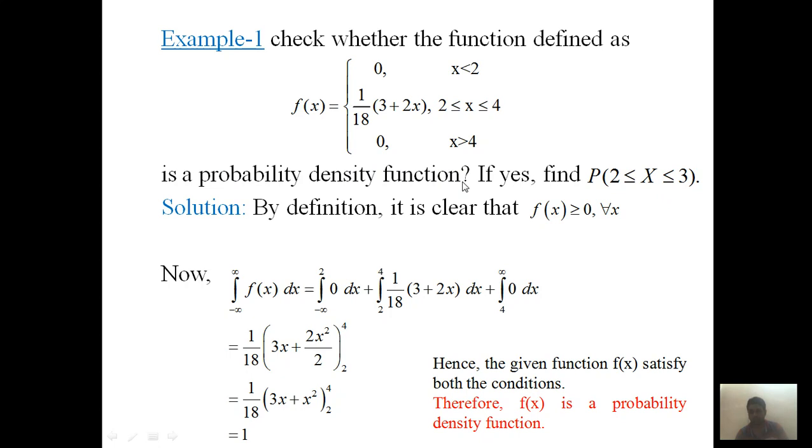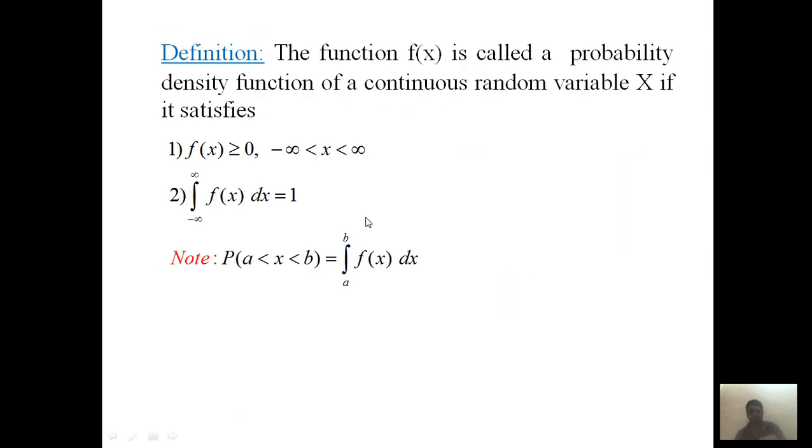If the answer is yes, then we have to find the probability of X when X lies between 2 and 3.